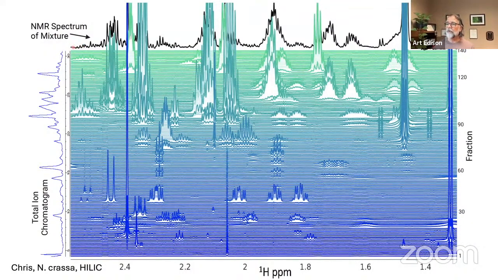What you want to focus on is the material on the back, the NMR spectrum of the unfractionated sample, and then the fractions are going down below.